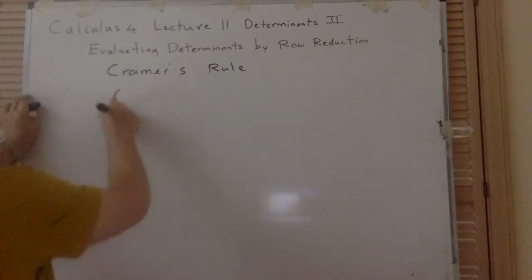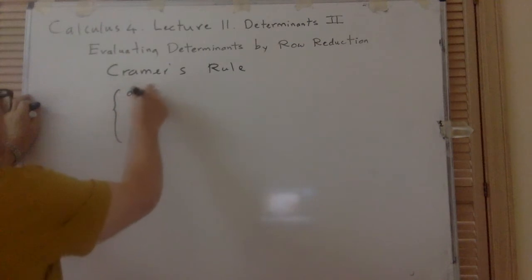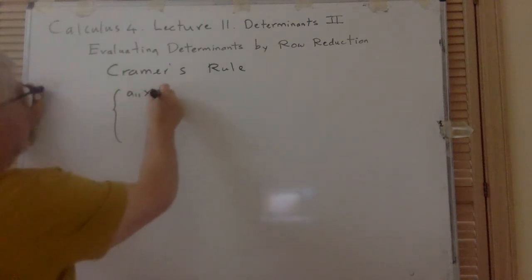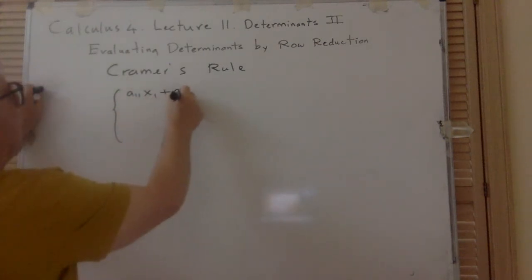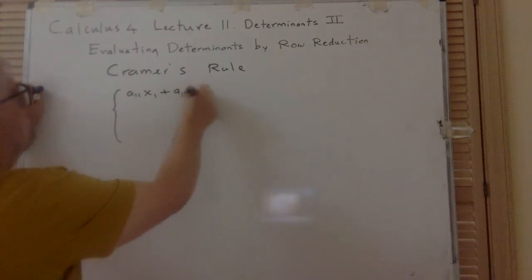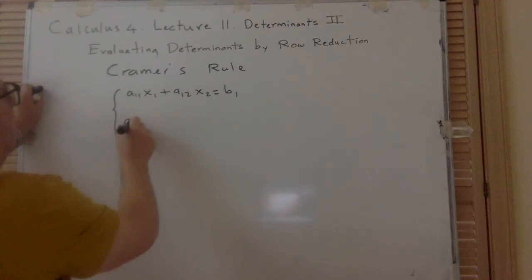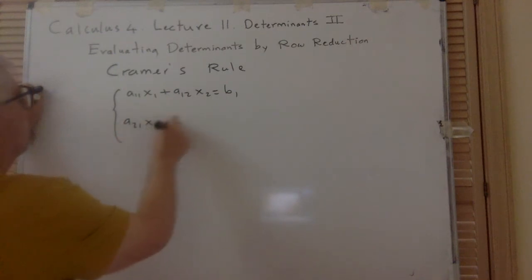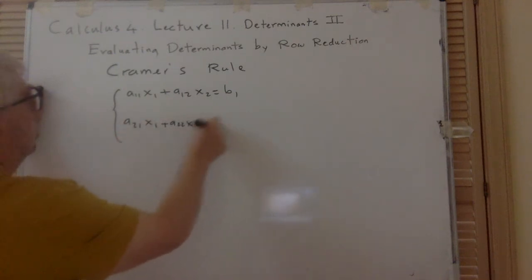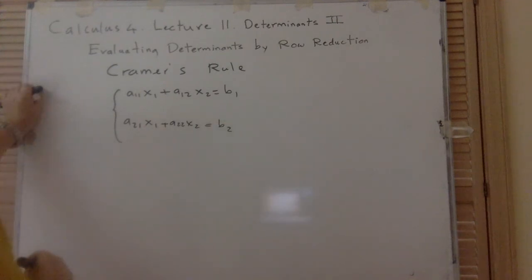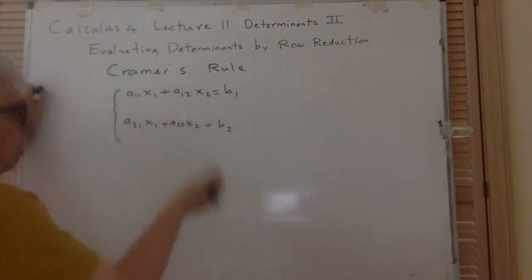But let's solve a system, a simple system. So a11 x1 plus a12 x2 is b1, a21 x1 plus a22 x2 is b2. Let's just multiply and add and so on.